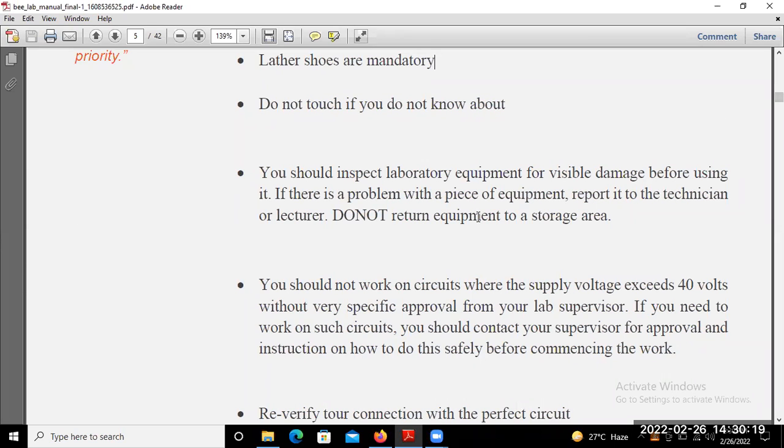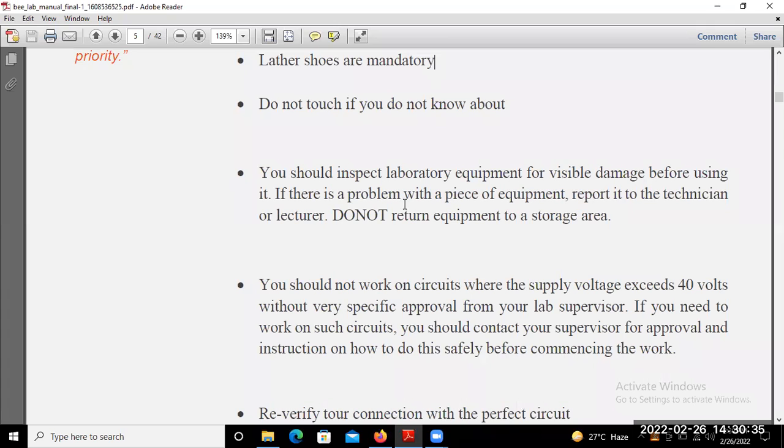First of all, when your circuit diagram connection is completed, you call your lab supervisor or technician to verify your connection. Then you are able to supply power to that particular panel.